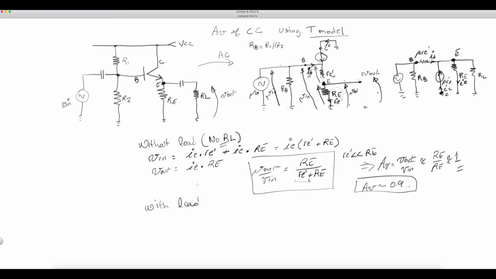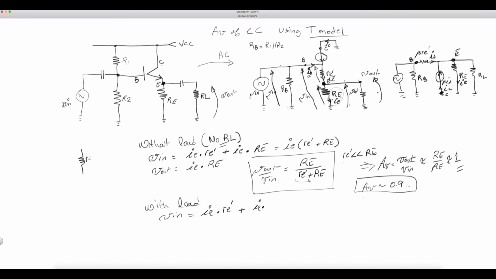Yeah, because with load, Vn is still going to be equal to IE times RE prime plus IE times, we're going to think about what's going on here. So let's put the load back here. Here's a little IE. It's going through the emitter.